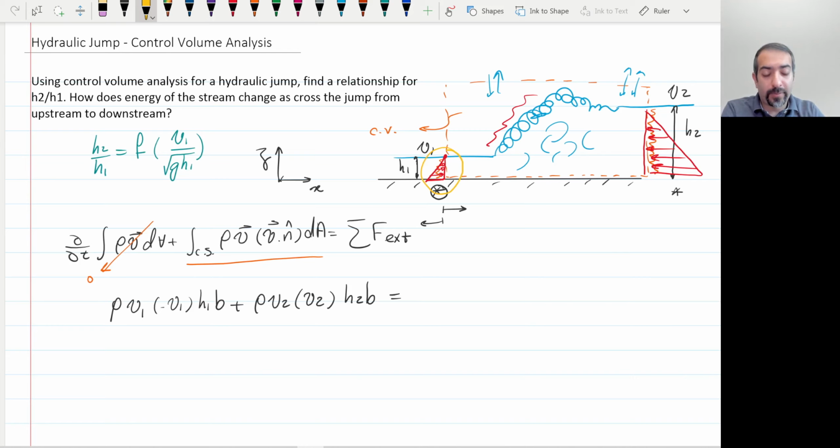From the left, we know that the average pressure is 1/2 rho g h1, and then I have to multiply this by h1 times b to get the net force acting in the positive x direction. On the other side, we have a similar thing with the negative 1/2 rho g h2 times h2 b. All right, and that's it.